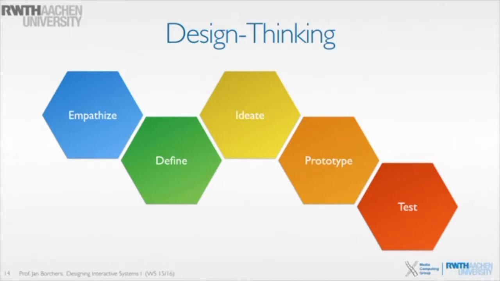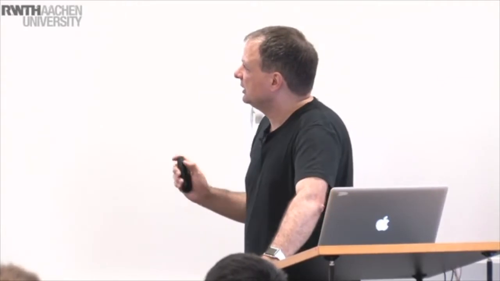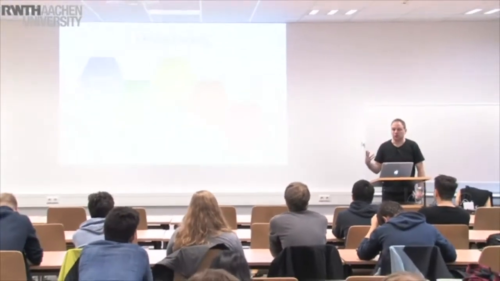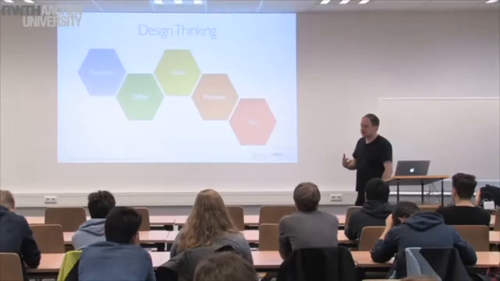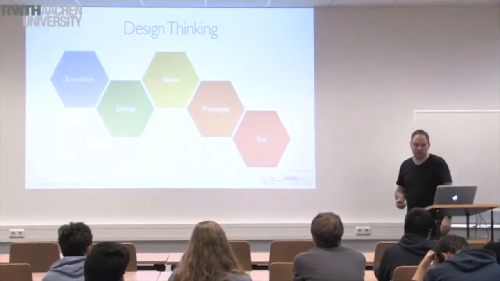Then you get to a stage of ideation, so idea development, creating lots of ideas. That's where wild ideas are encouraged more than just your standard stuff. And we'll talk about, you've already talked about the brainstorming in the lab sessions. We'll quickly review this here for the class. And then comes the prototyping phase where you build something to show your idea as a rough draft. You do that, of course, to test it, right? Otherwise, why would you build a prototype?